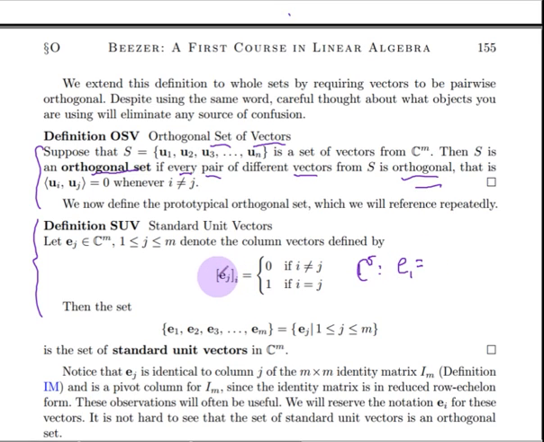Well, the first component of E1 is 1 because the first component is equal to the index of the vector. So I'm going to get 1 here. And then all the others are 0. Okay. If I look for E2, well, E2, that means i is equal to 2.